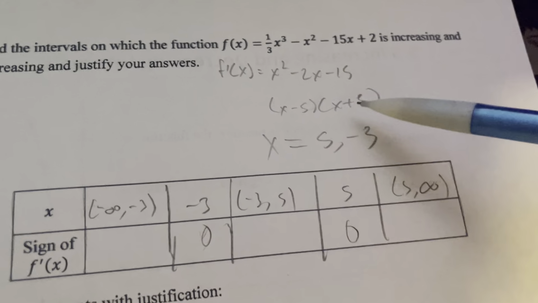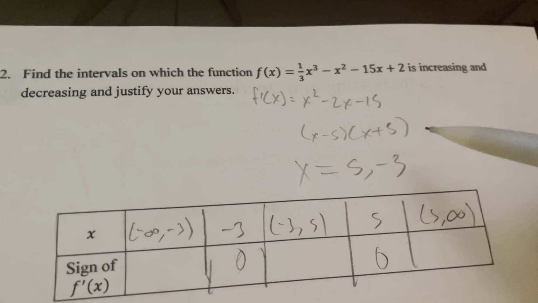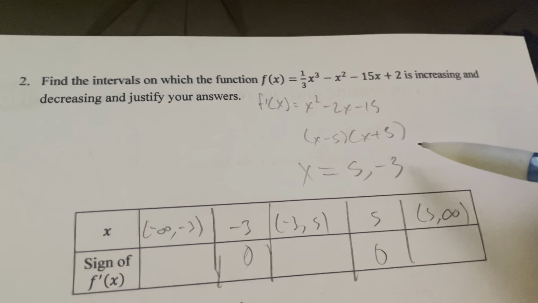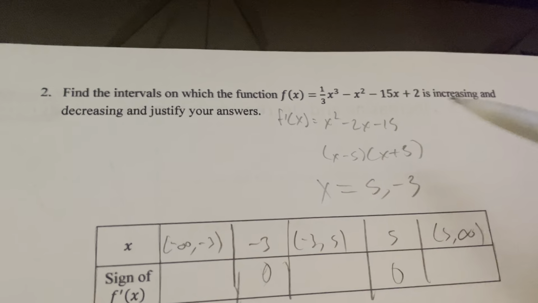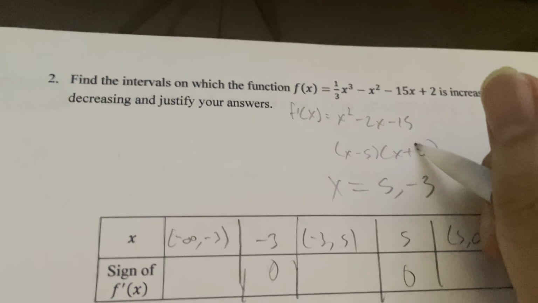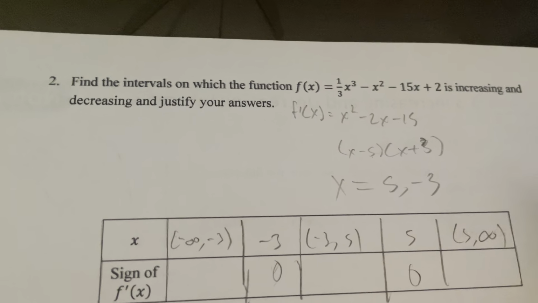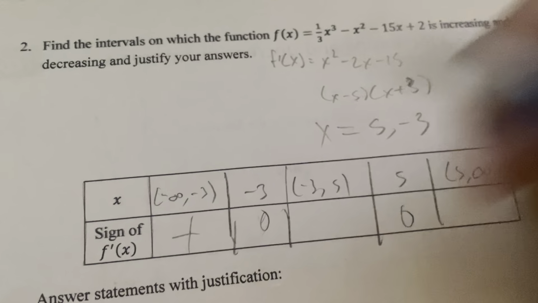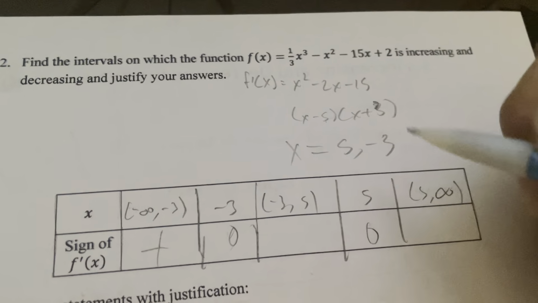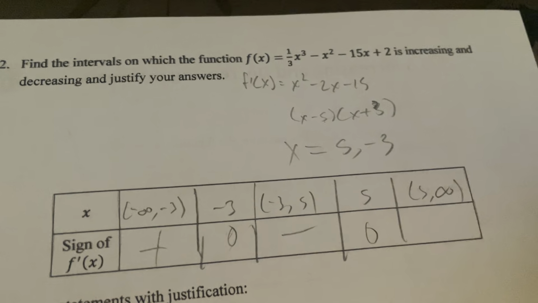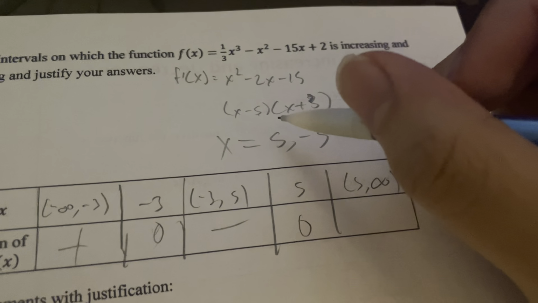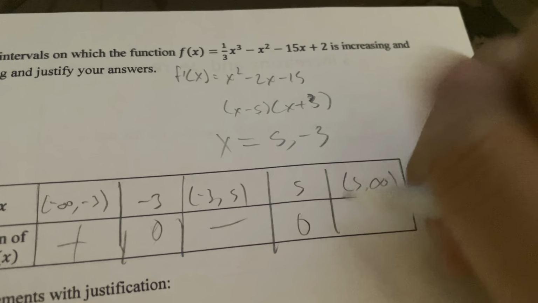Negative 4, plug it in here, it's negative 9. This is 3. So negative 9 times a negative 1, which is a positive number. We'll do 0. So negative 5 times 3 is a negative number. And then we'll do 6, so 1 times 9 is a positive number.